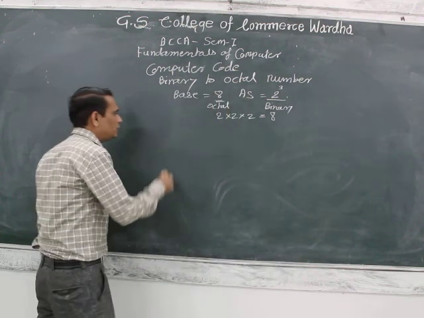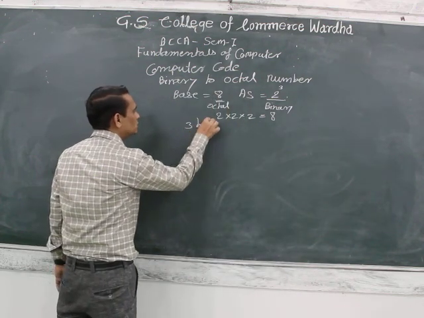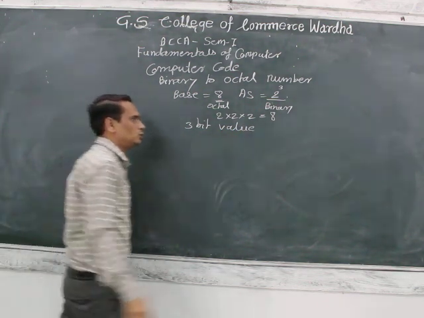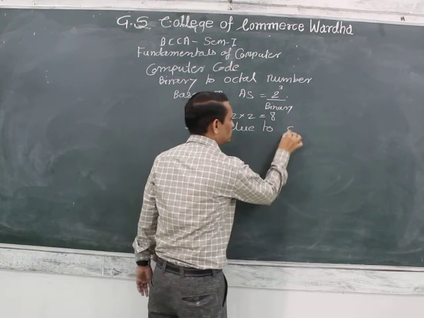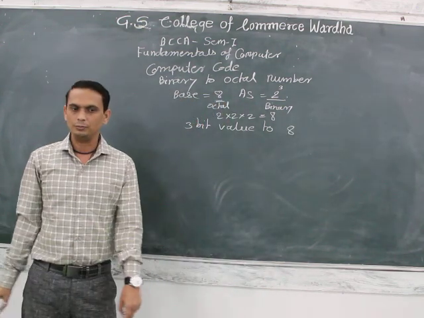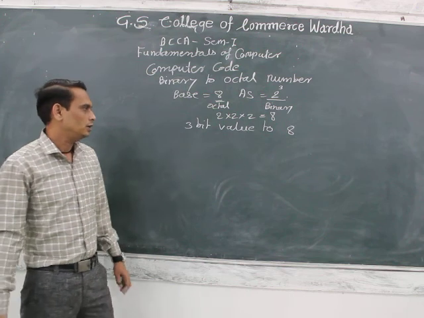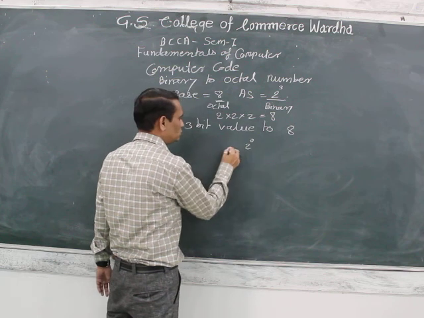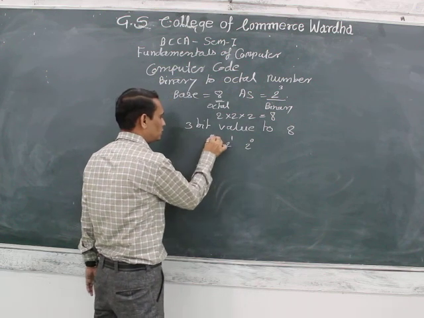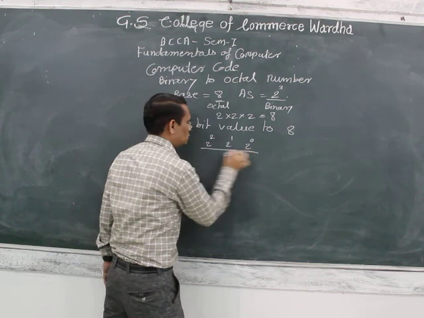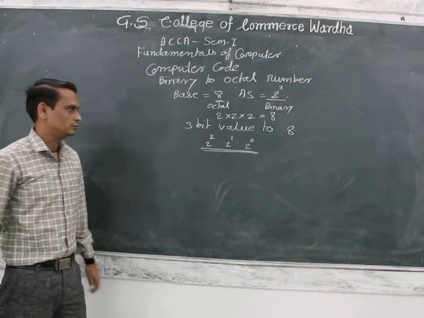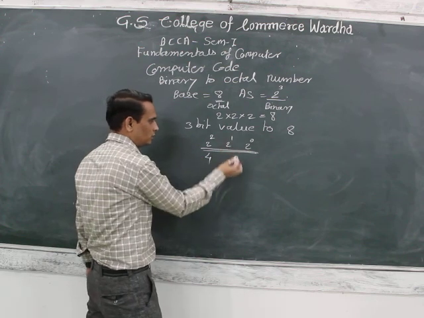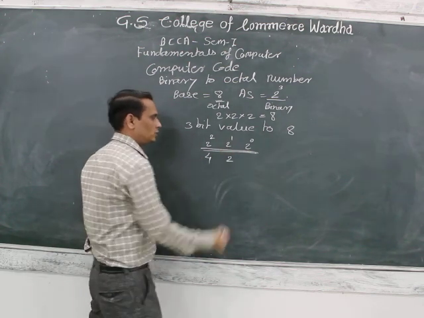So we can create a 3-bit value to represent an octal number. If we calculate the 3-bit value, means 2 raised to power 0, 2 raised to power 1 and 2 raised to power 2, it creates the valuation of octal number. Just like 2 raised to power 2 is 4, 2 raised to power 1 is 2, 2 raised to power 0 is 1.